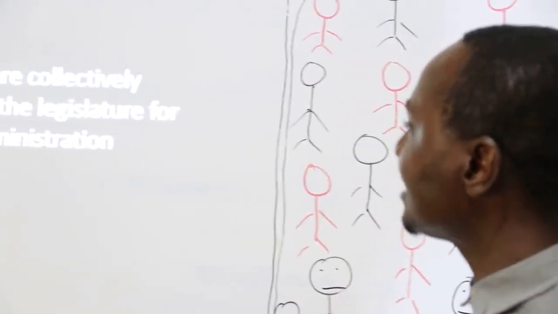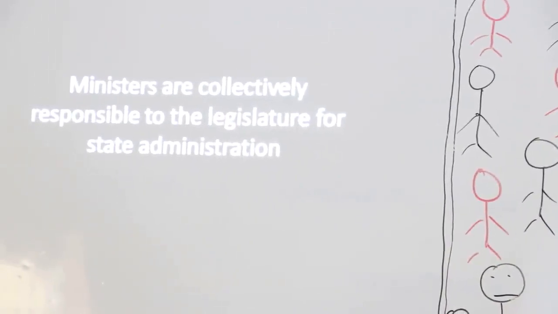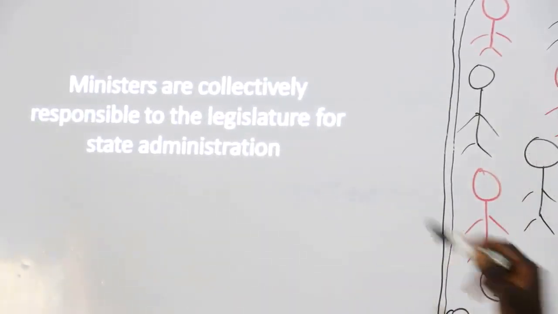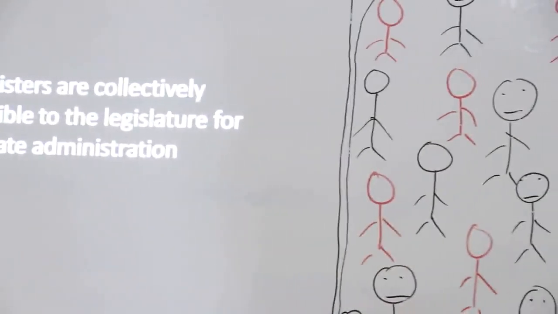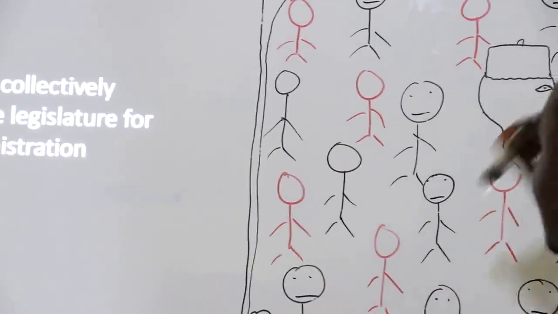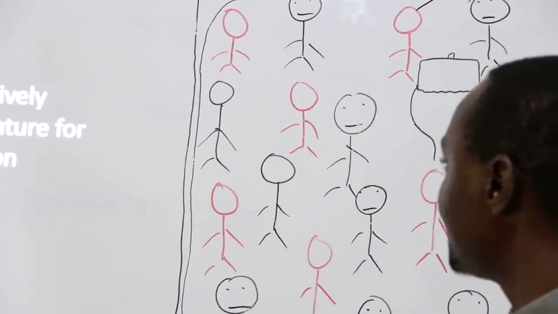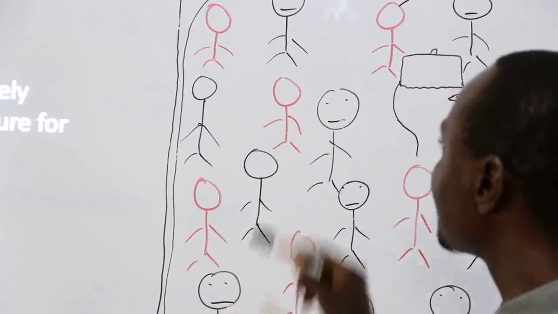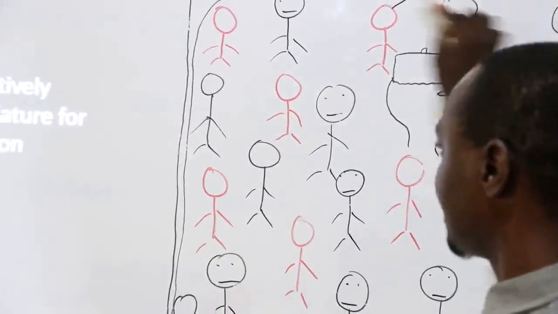Ministers are collectively responsible to the legislature for state administration. Now, ministers, like I've said, are these cabinet members. They head different departments and ministries, and they are appointed by the prime minister. They are responsible to the entire parliament or legislature.